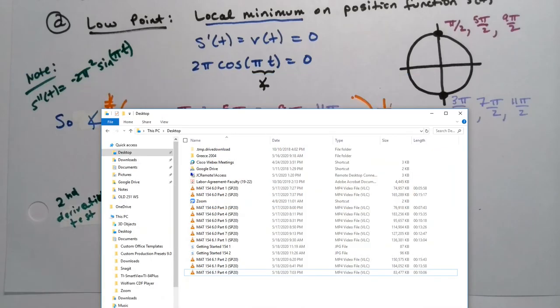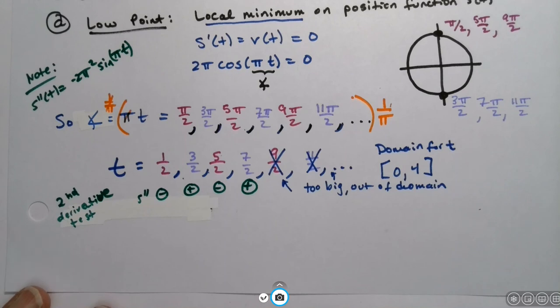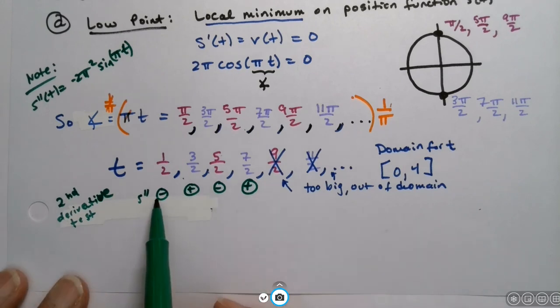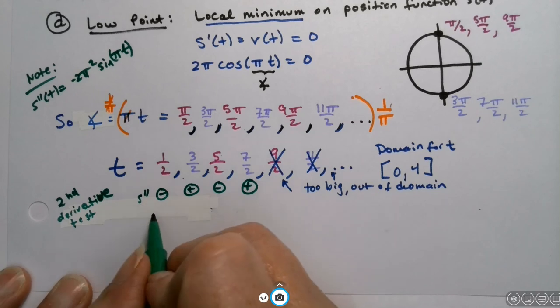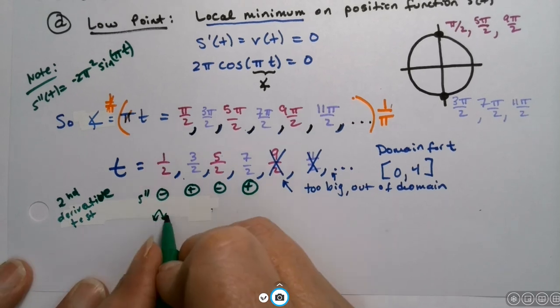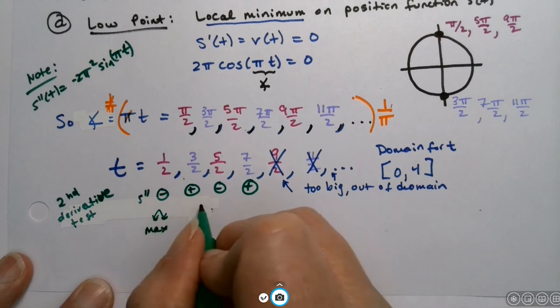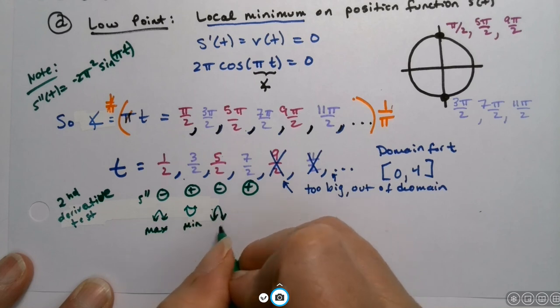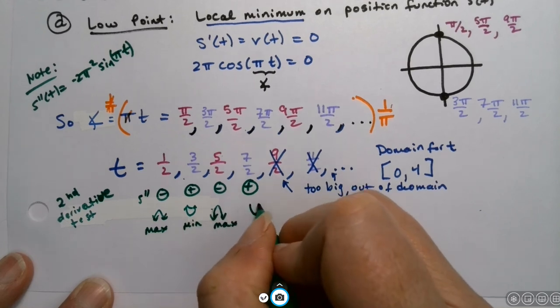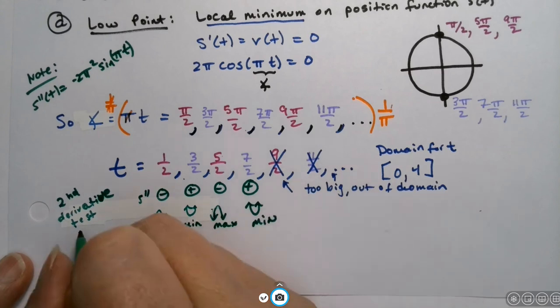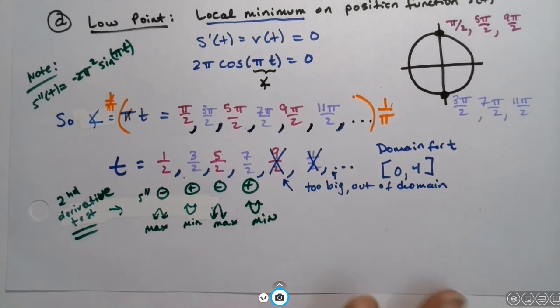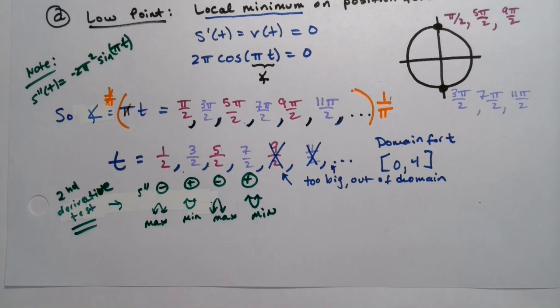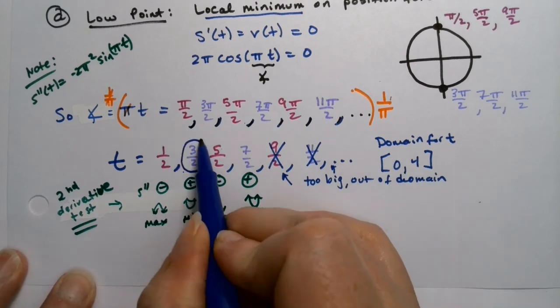All right. Oop, sorry about that. Okay, so my second derivative is negative here, positive here, negative here, positive here. Negative means it was concave down, so it's a max. Positive means it was concave up, so it's a min. Negative means concave down, so it's a max. Positive means concave up, so it's a min. Remember the second derivative test from Calc 1? All right, therefore, we know that 3 halves, this one right here, and this one right here are what we wanted.